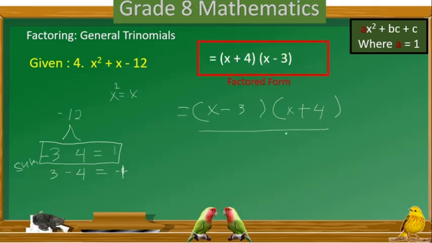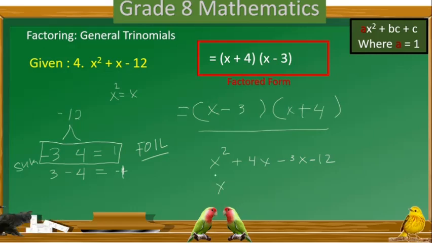So how to check, same as usual now, we are going to check using the FOIL method to see if your answer is correct. x times x, that is x squared, then x times 4, that is 4x, then negative 3 times x, that is negative 3x, negative 3 times 4, that is negative 12.